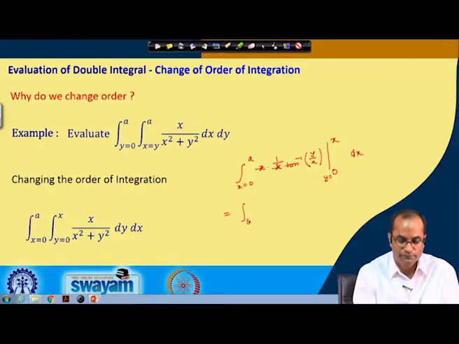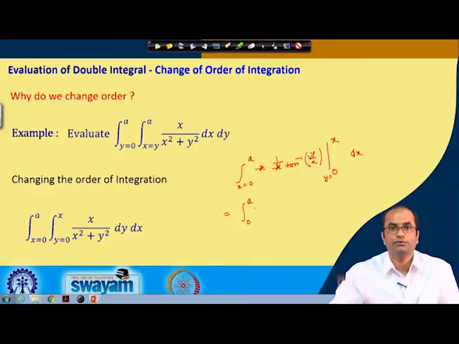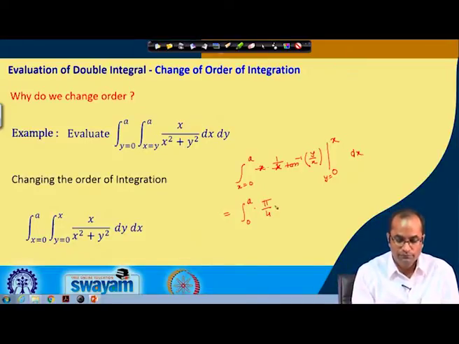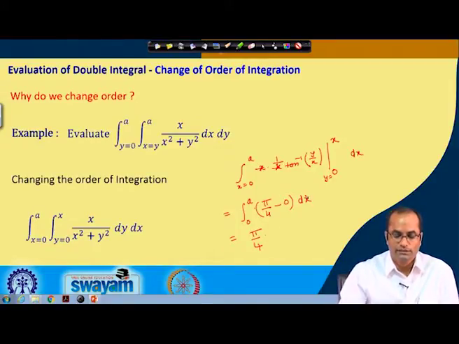When we put the upper limit, tan inverse 1 will be pi by 4, minus tan inverse 0, which is 0, and then dx from 0 to a. So, we have pi by 4, and the integral from 0 to a of dx will be just x, and the upper limit will give us a. So, that is the value of the integral.